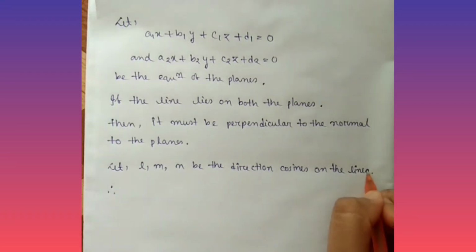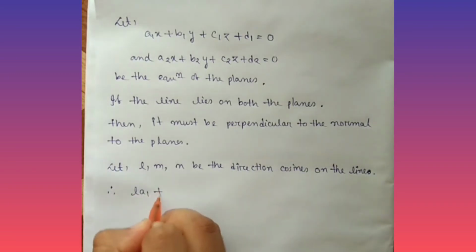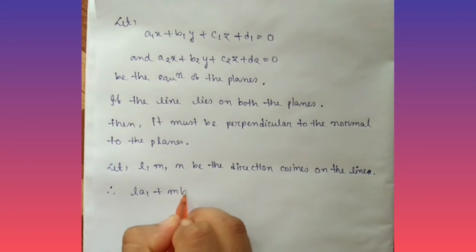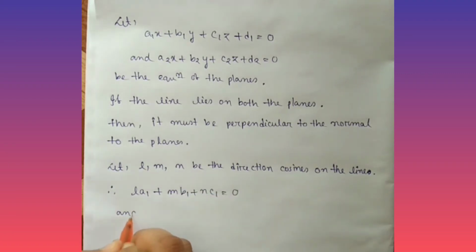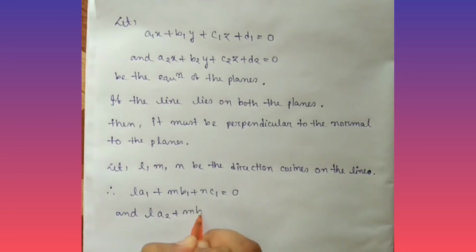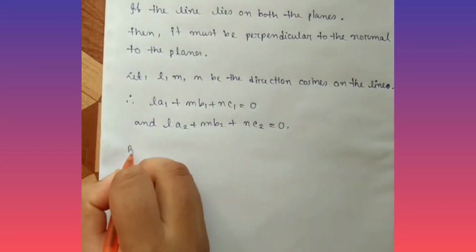If we consider L, M, N to be the direction ratios of the line, then by the condition of perpendicularity, we get L into a1 plus M into b1 plus N into c1 equals 0 and L into a2 plus M into b2 plus N into c2 equals 0.